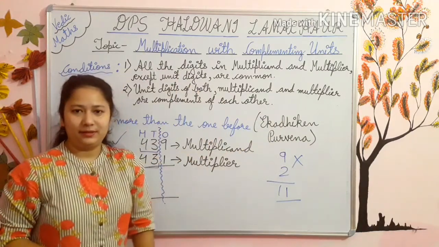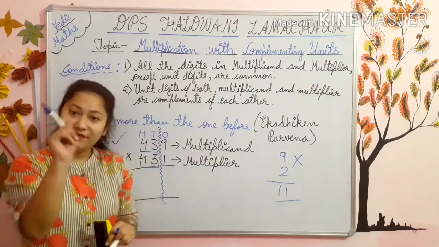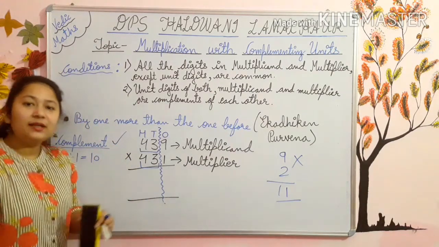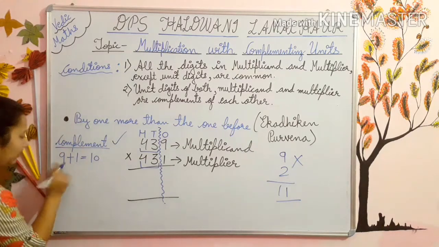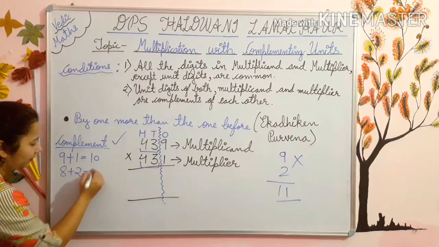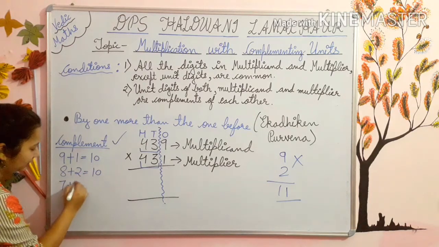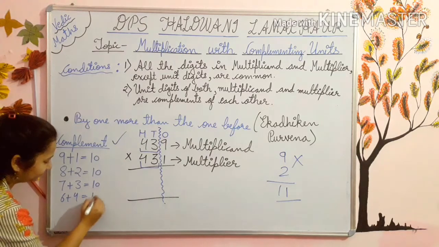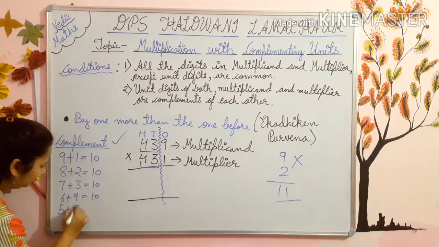Yes students, very nice. Complements means the numbers which give a sum of 10. Like 9 plus 1, 10. 8 plus 2, 10. 7 plus 3, 10. 6 plus 4, 10. 5 plus 5, 10.